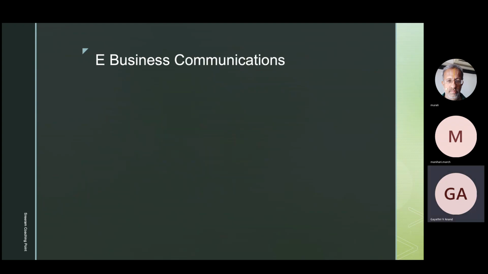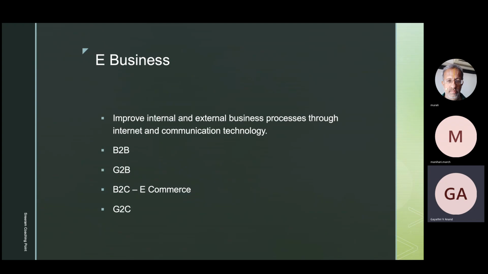Now, e-business communications. I would have told you the example of Amazon, isn't it? Now, if you see in Amazon, there are retailers who sell. Then there are people who sell old items, like old books, etc. Then people who get registered with Amazon and try to sell their product, maybe small-time entrepreneurs. Then there is one major industry that is coming up, which is writing reviews for products.